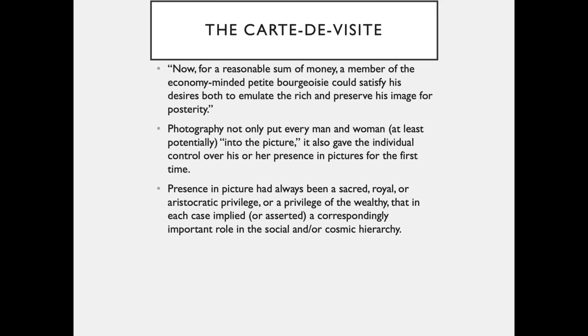Presence in pictures had always been a sacred royal or aristocratic privilege, or a privilege of the wealthy, that in each case implied or asserted a correspondingly important role in the social and or cosmic hierarchy. So before photography, if you could afford to have a picture painted of yourself, you definitely were up higher in the social hierarchy.